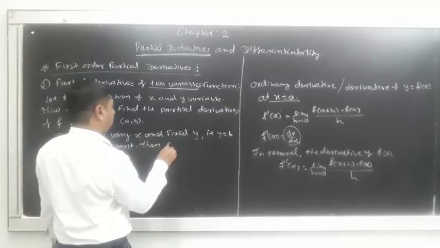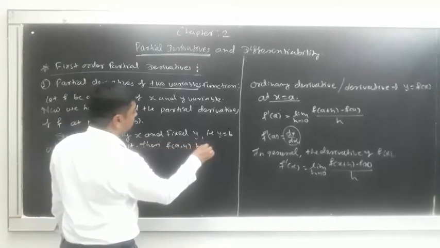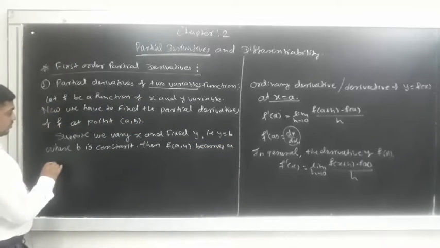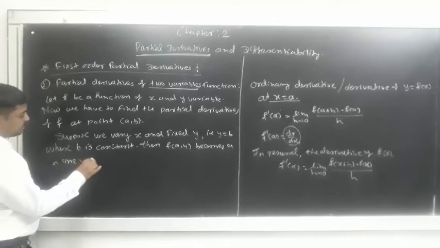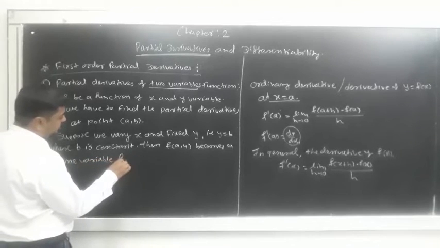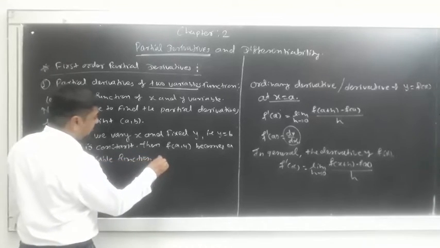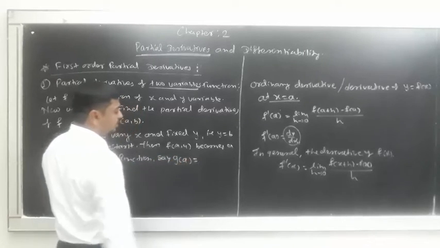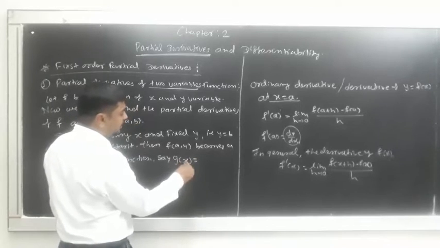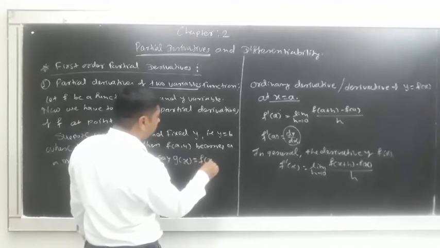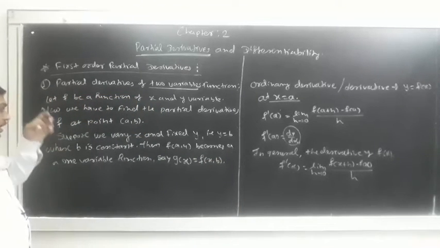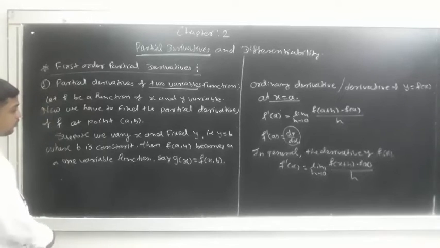Then f of x, y becomes a one variable function, say g of x, which is equal to f of x, b. So we keep y constant and vary x.